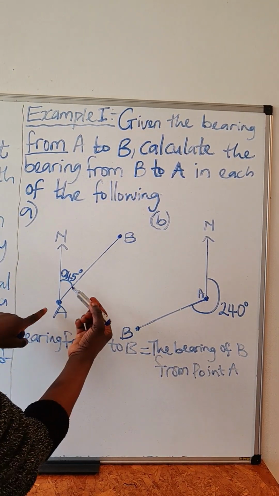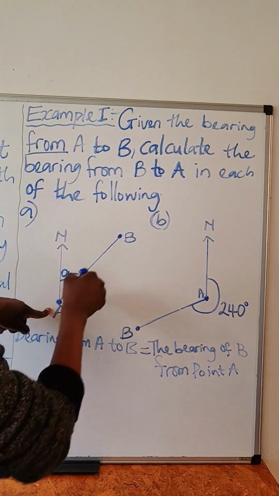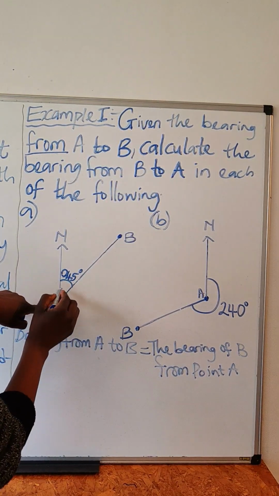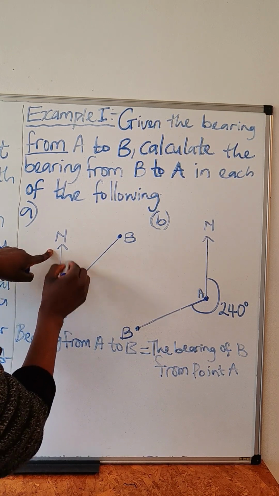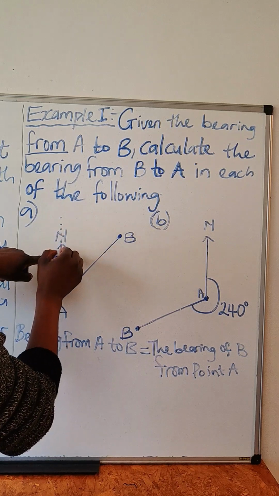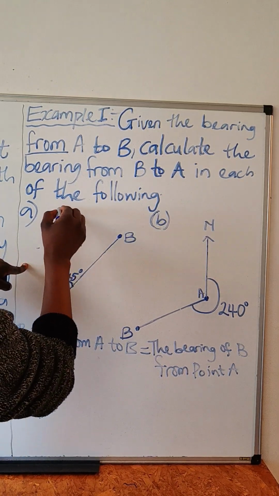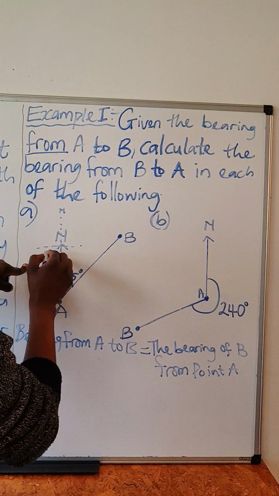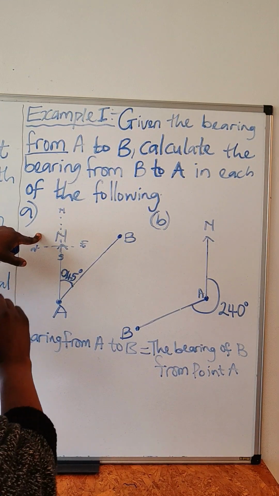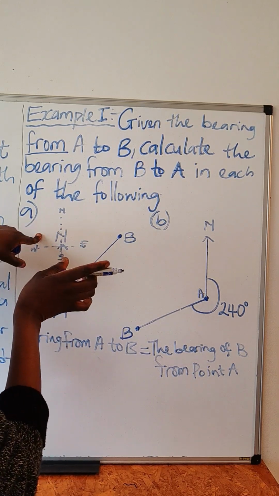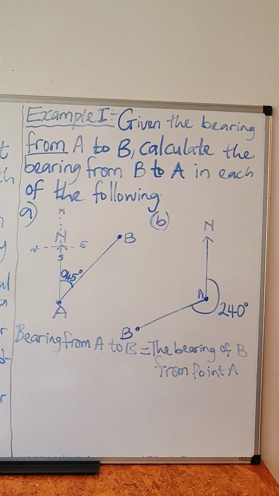And viewers, let's check it out. Bearing from A to B, from point A to B, you have the four cardinal points here: north, south, west, east. In bearing, you move from north in a clockwise direction.